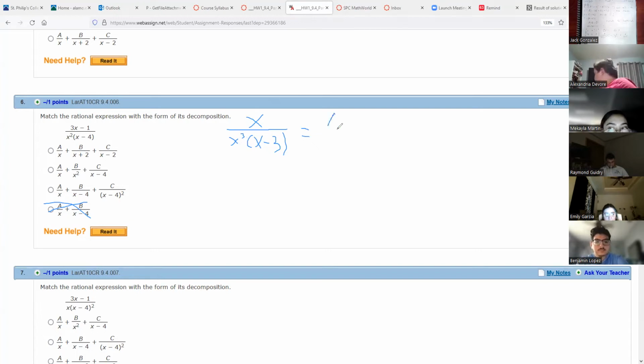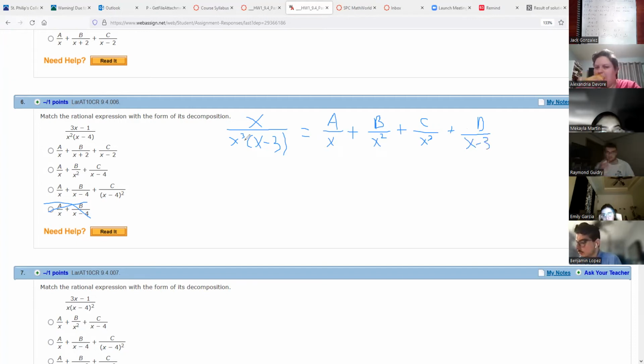You would have A over x plus B over x squared, and then I go all the way to 3, and then I do D for the last one. Does that make sense?